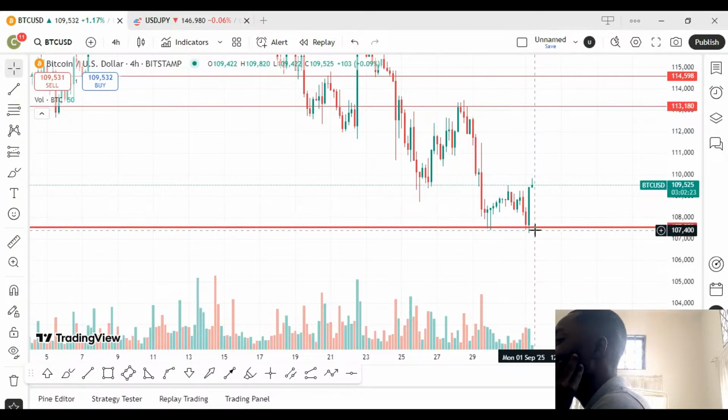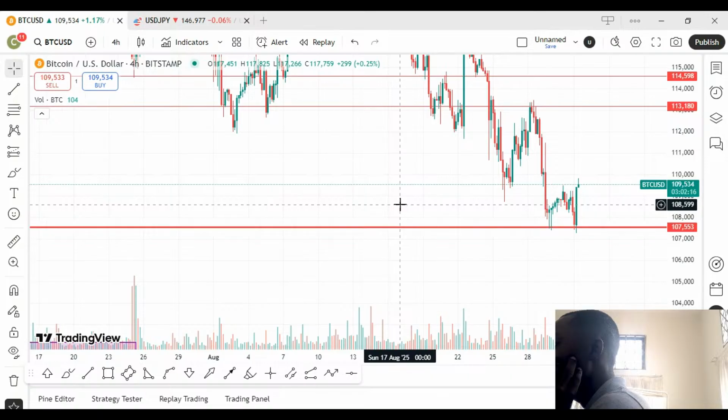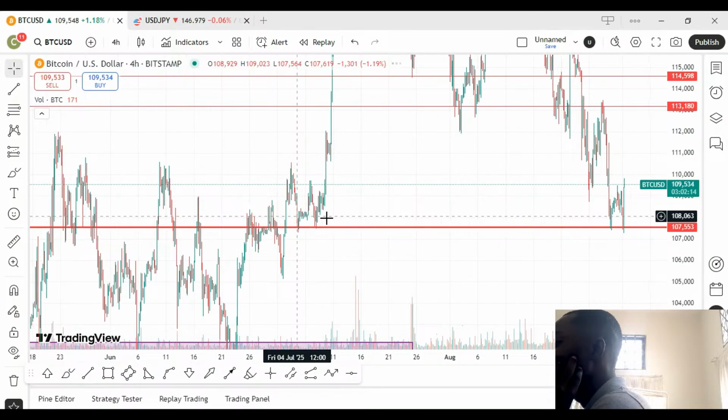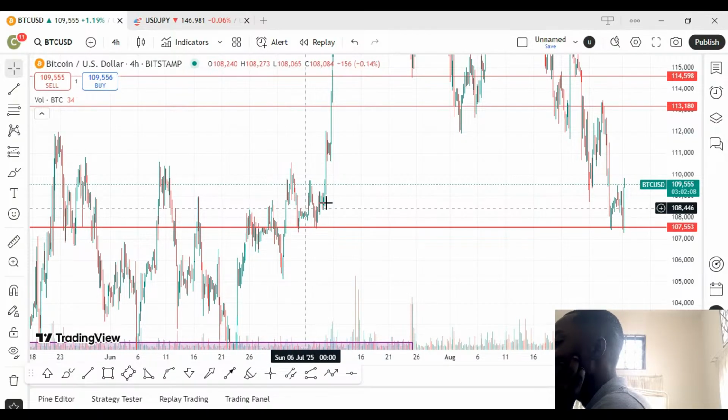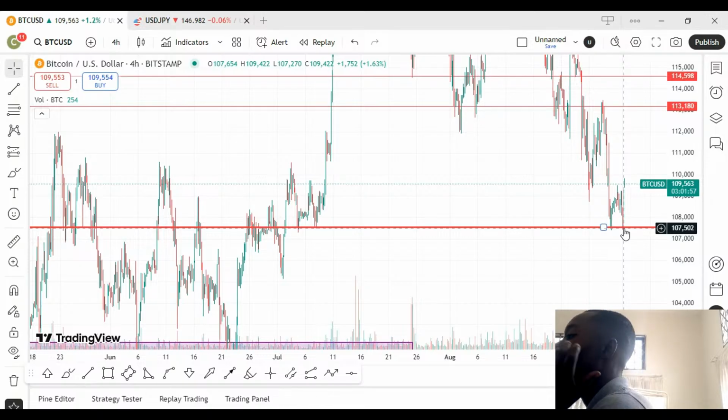It formed at a demand zone, or at an area of an order block, and because of that, buying started in the market. So that's what we call a double bottom. Your market structure, you need to master it very, very well.